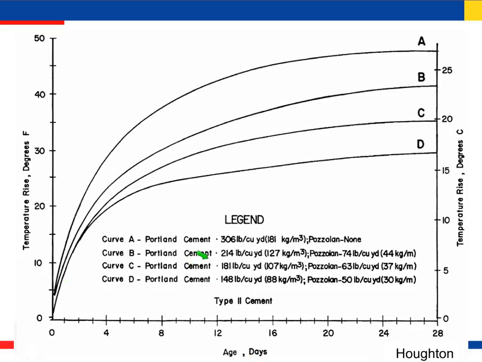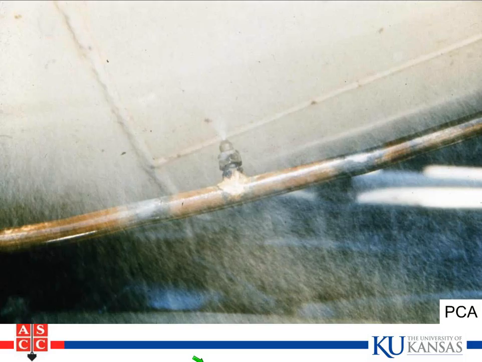He started with 306 pounds and no pozzolans, and he gets a very high temperature rise over a period of time. As he decreased the cementitious material content and increased the relative pozzolan content, you see this drop in temperature. That means the differential in temperature between the inside and the outside of the concrete in the dam is less, and therefore you have less effect of the higher temperature because the temperature just never got so high.